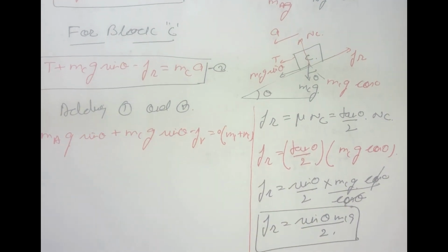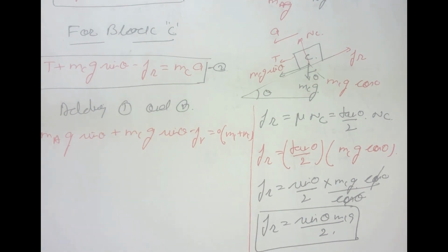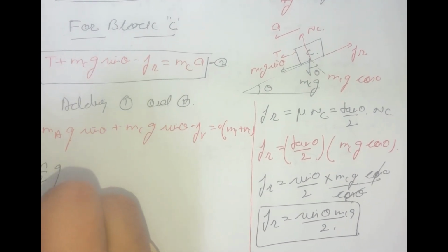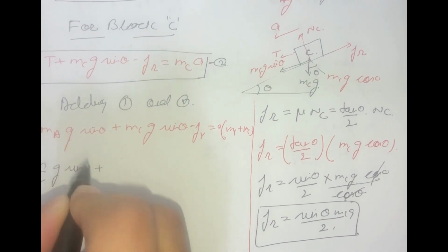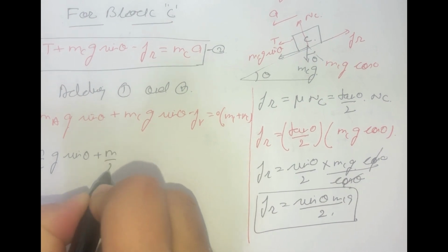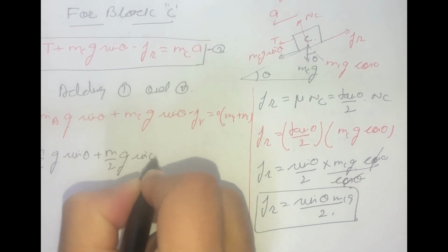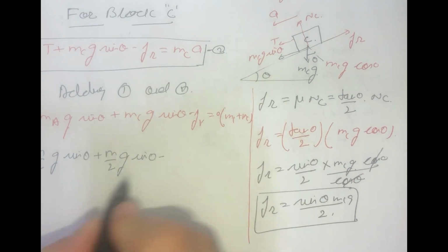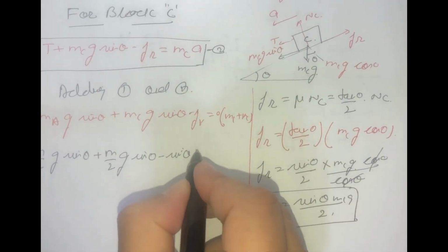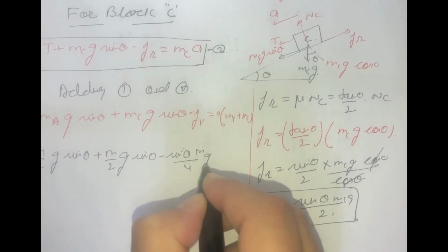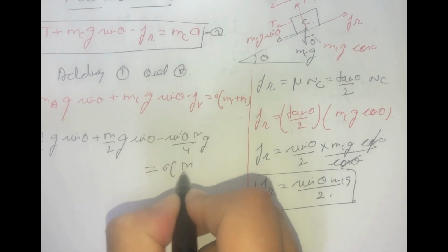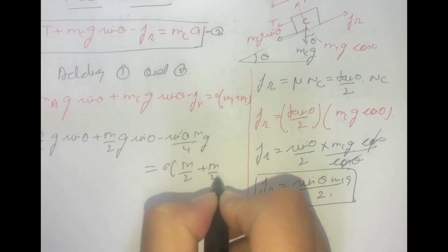Now we substitute value of mA. Mass of A is given as m by 2, this will be g sine of theta. Mass of C is also given as m by 2, g sine of theta minus, this will be our sine theta m by 4 multiplied by g is equal to, this will be A m by 2 plus m by 2.